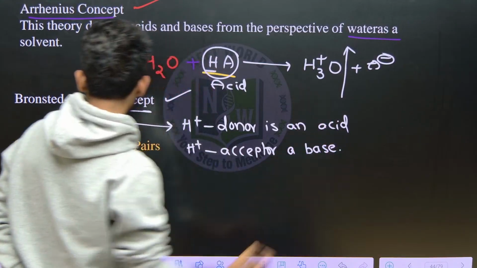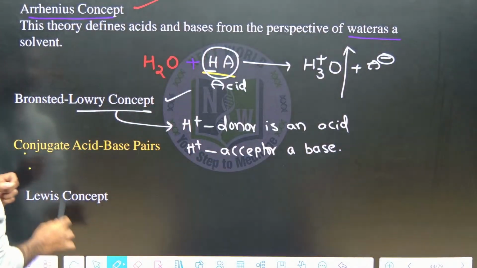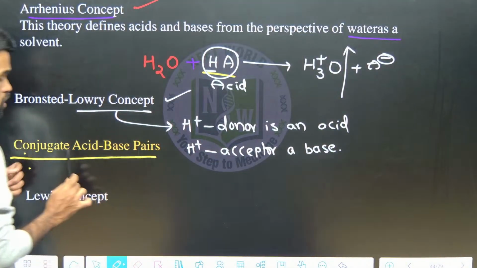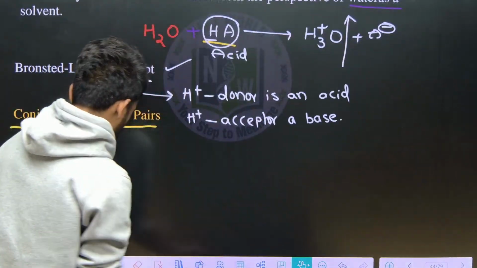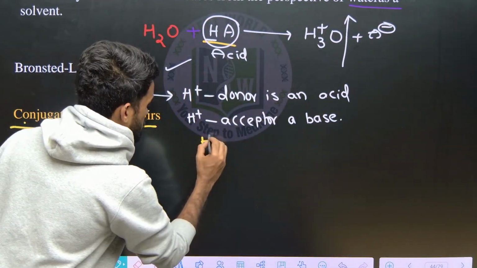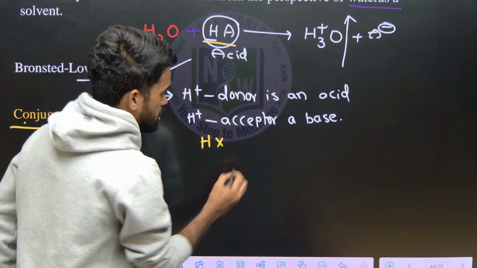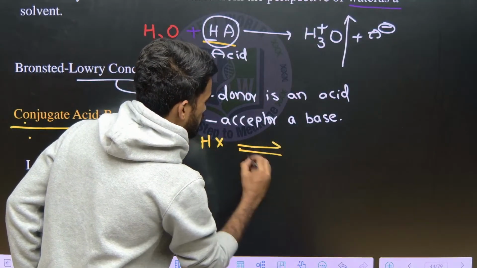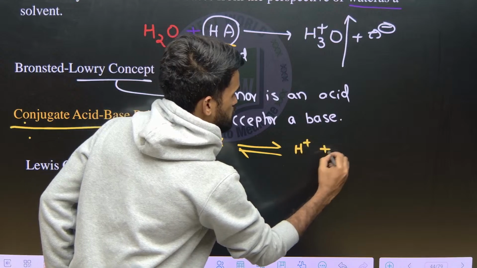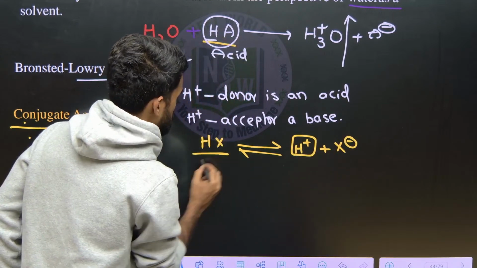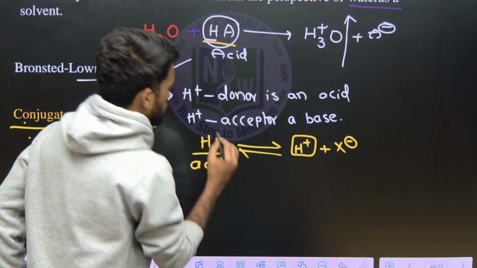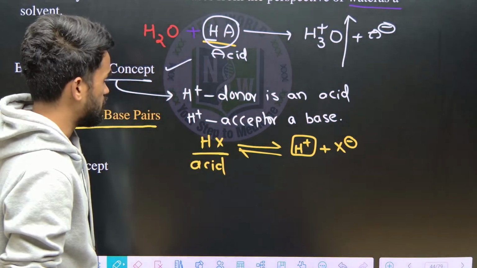Then there is a concept called the conjugate acid base theory. It's very simple. If there is a substance like HX, and it is releasing H plus ion, I can say HX is donating H plus ion, therefore HX is called an acid.